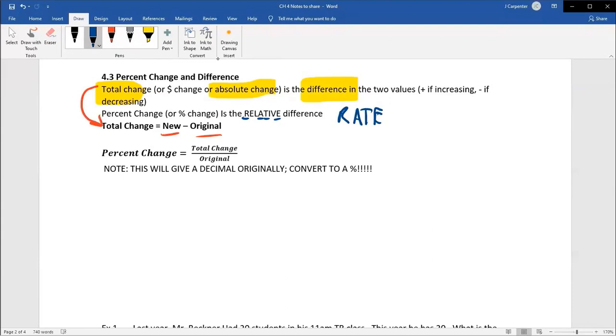What it is, it's the change in comparison to the original. When I say in comparison, I mean as a rate. Percent change is the ratio of the total change, and we're scaling it to the original value.